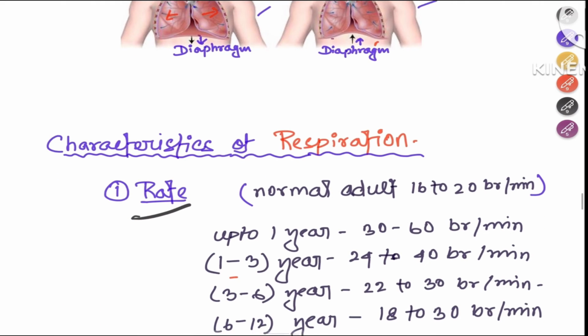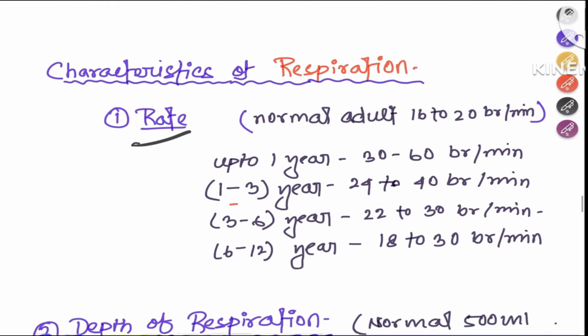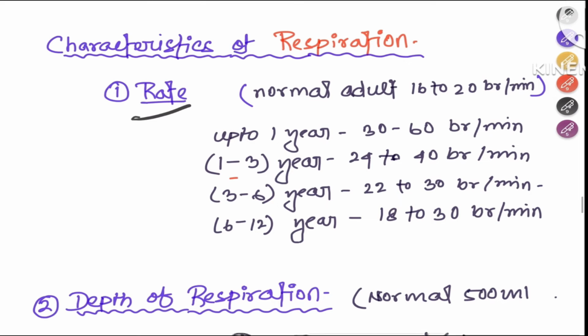Now we'll see the characteristics of respiration, like the pulse. First is the respiration rate. Normal adult respiration rate is 16 to 20 breaths per minute. When the baby is up to 1 year of age, the respiration rate is 30 to 60 breaths per minute.